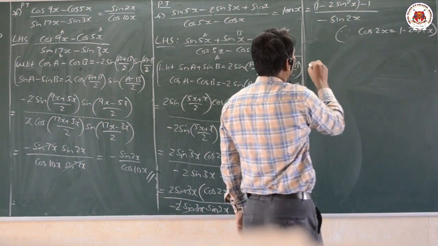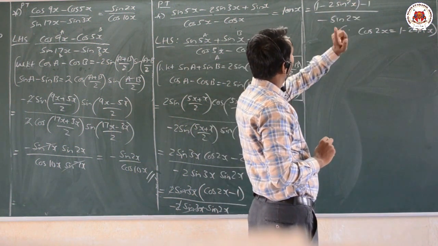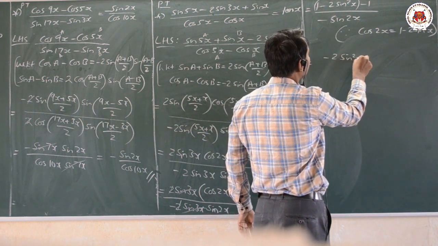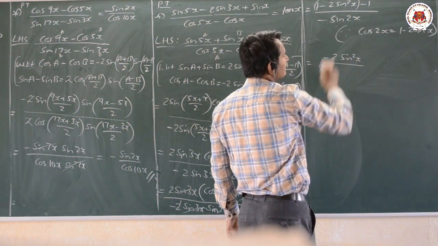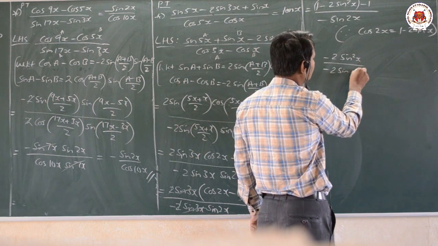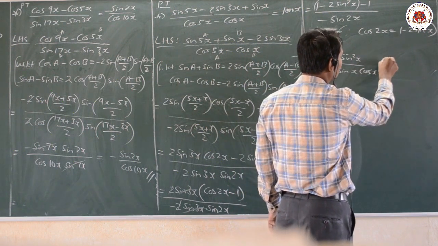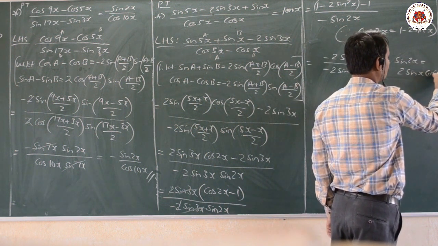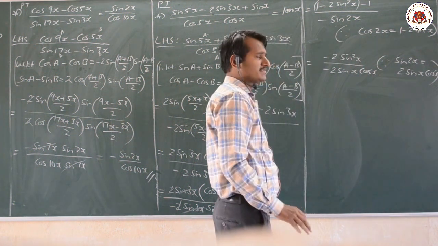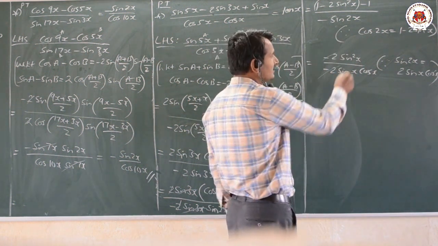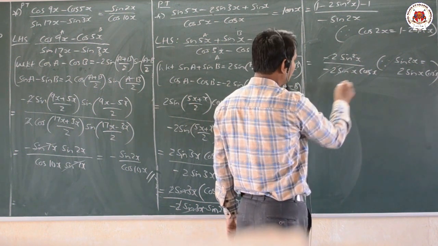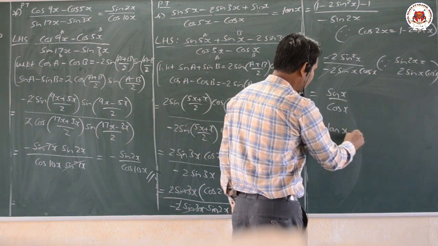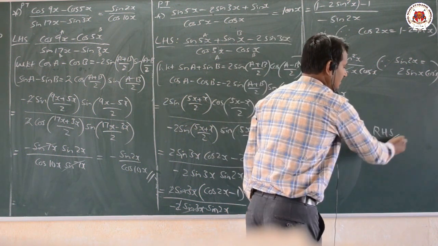In brackets, you have to observe that plus 1 minus 1 gets eliminated, and the remaining part is minus 2 sin square x divided by minus sin 2x, that is nothing but 2 sin x into cos x, because sin 2x equals 2 sin x into cos x. Now, minus 2 gets eliminated, one sin x gets eliminated, and the remaining part is sin x by cos x, that is nothing but our tan x, and that is nothing but your required RHS.